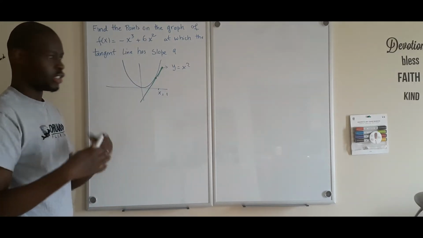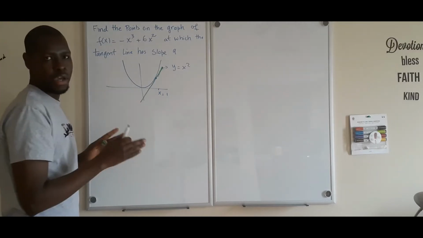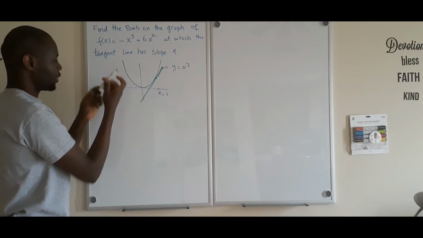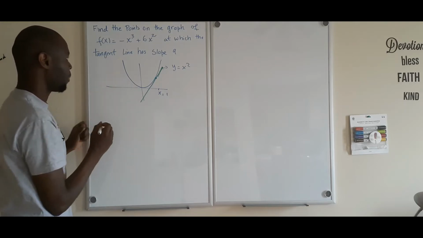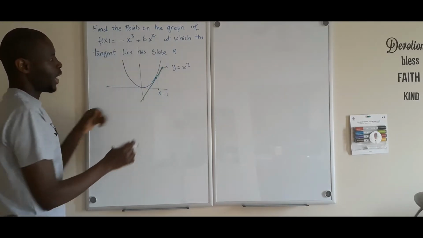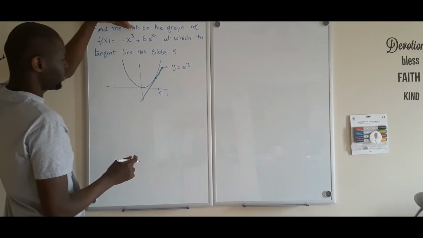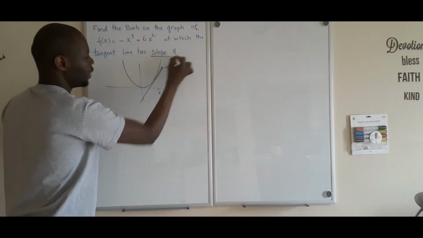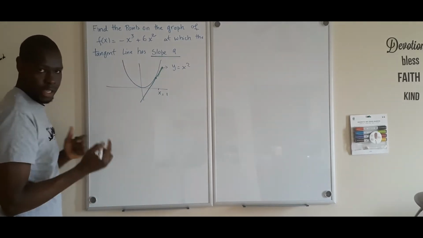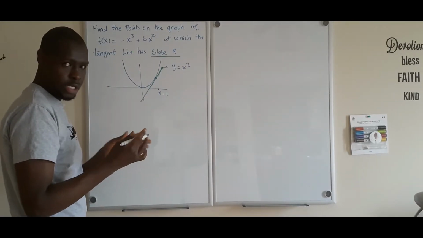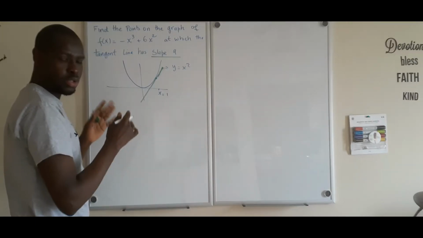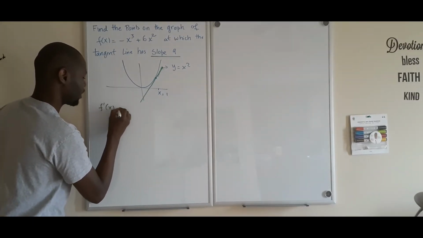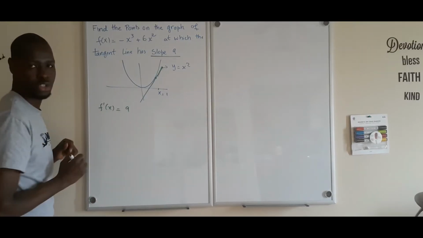Now what happens in the reverse, where you are given the slope and you're asked to find x? This is exactly what we'll be doing in this particular problem. We are given a function and we're asked at what point on this graph the tangent line has a slope of 9. So we said that the derivative equals the slope of the tangent line. This means that f prime of x equals 9, because that's the slope, right?